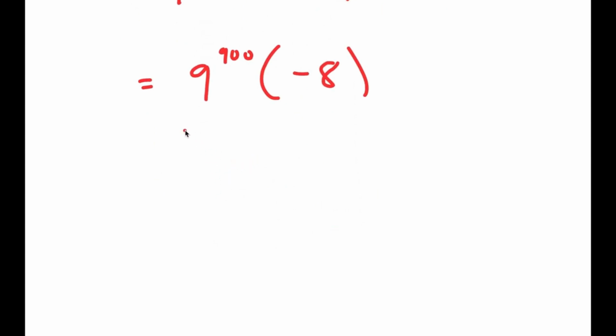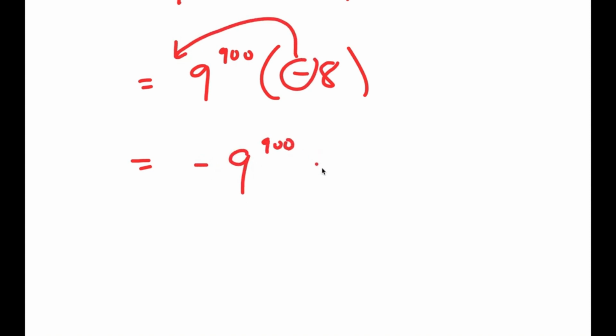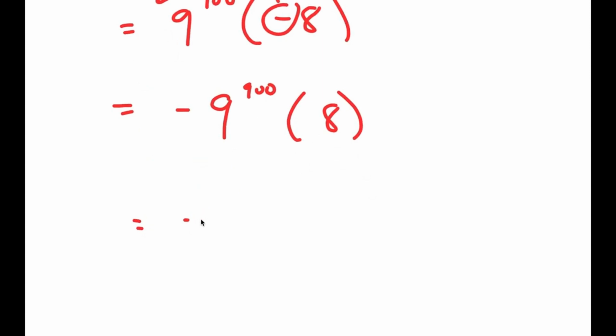Now from here, I said I was going to simplify this as much as possible, and we can't really get the exact value because 9 to the power of 900 is such a big number. However, what we can get is the simplified value, and we're going to simplify it as much as possible. So I'm going to move this negative sign to the front, so I get negative 9 to the power of 900 times 8, and this gets me negative 3 squared to the power of 900 times 2 to the power of 3.